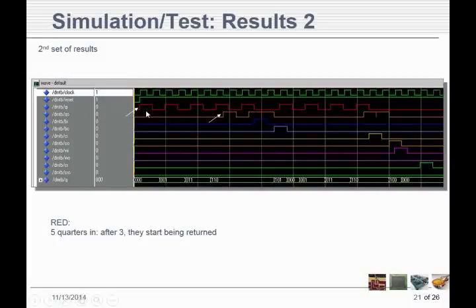Here shows that there was a quarter in, a quarter in, a quarter in, a quarter in. So it shows I went to 0 to 1 to 3. And then this one was whatever state that was, and I just stayed there. And the output started happening, quarter out.